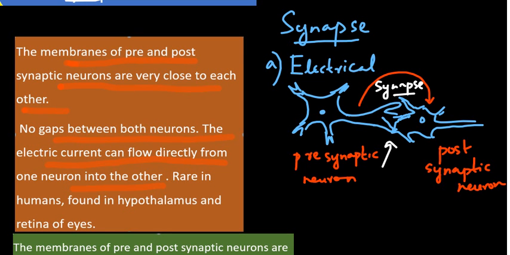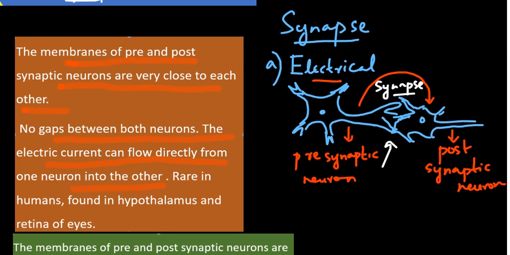This is the presynaptic neuron and this is the postsynaptic neuron. So this is a synapse called an electrical synapse. In this synapse, the membranes of the pre as well as postsynaptic neuron are so close to each other that there is no gap present. The electric current can flow directly from one neuron into the other.